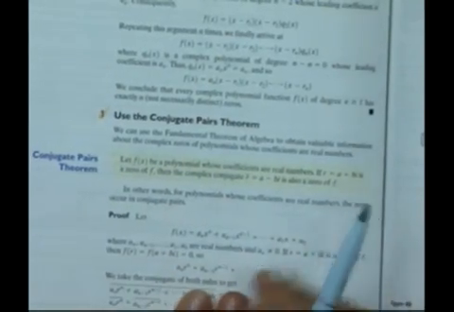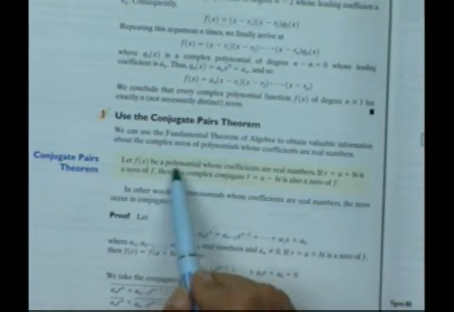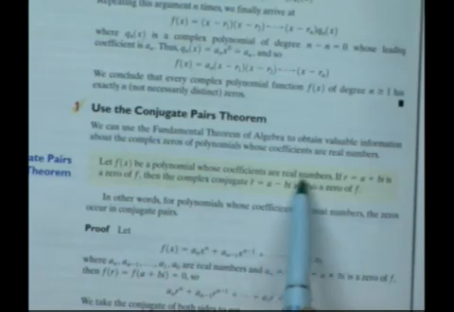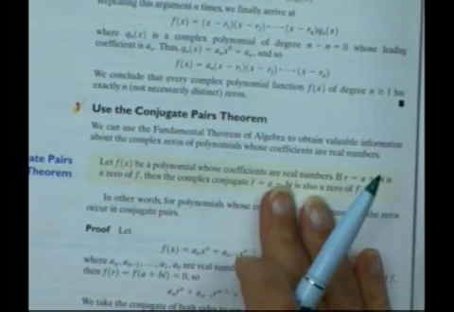The conjugate pairs theorem. Let f of x be a polynomial function whose coefficients are real numbers. Okay, so we have a polynomial function, real number coefficients.